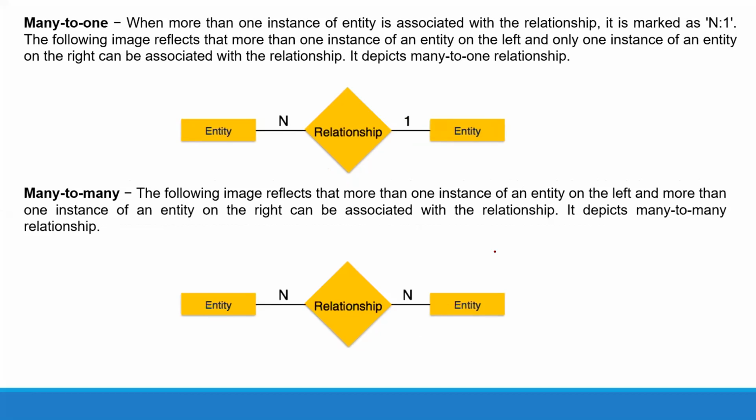Here, more than one instance of an entity is associated with the relationship, and it is marked as n to 1.